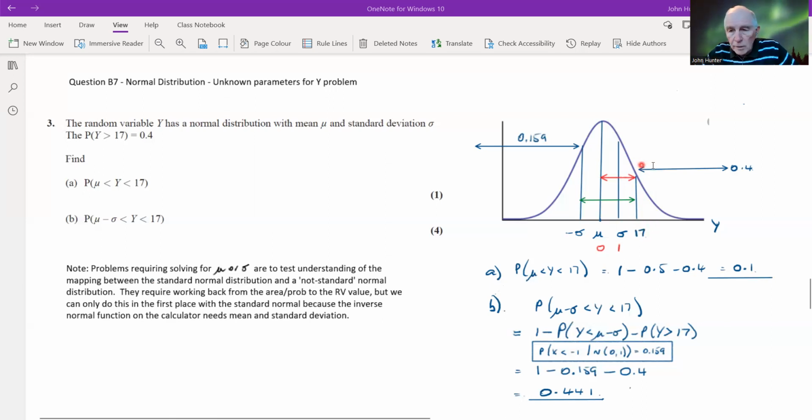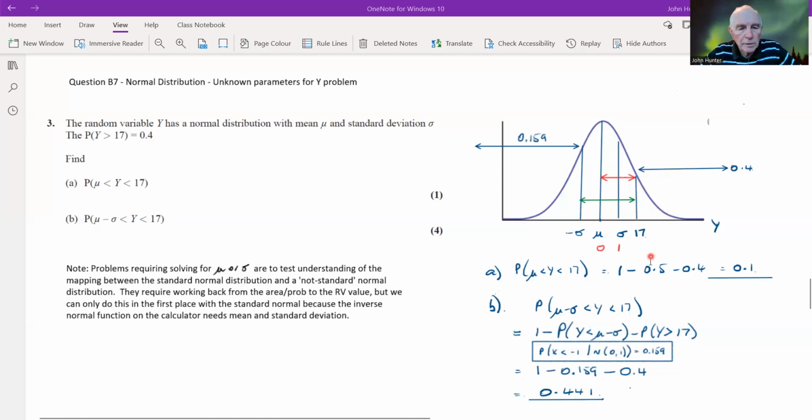All right, and we've marked this 0.4 on here. What we're saying is the probability that the random variable is greater than 17 is 0.4. I've drawn it as an arrow, but it actually means that this area here is 0.4, the whole area under the curve being 1, of course. It's sometimes easier just to show it like this.